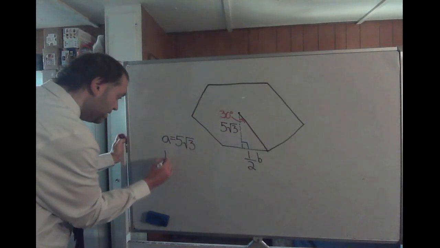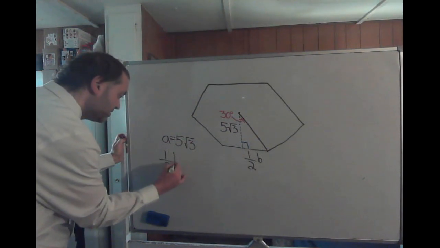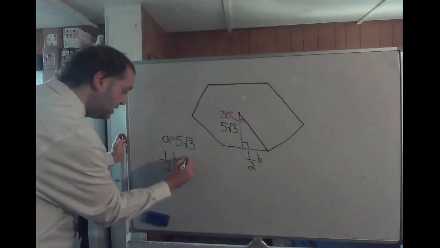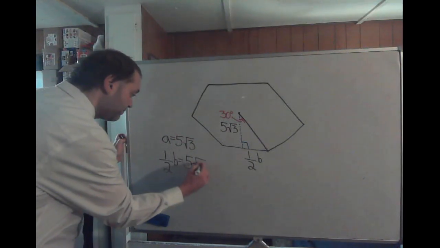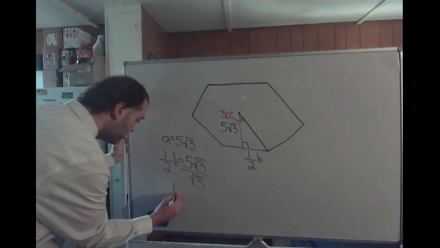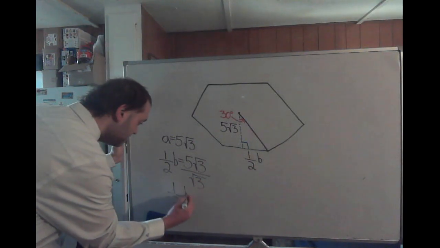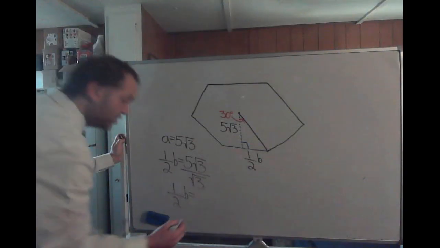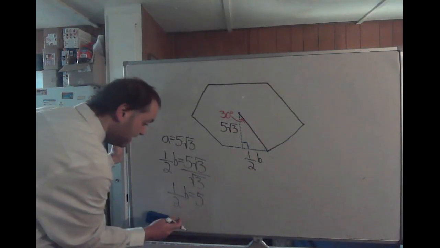So half the base is equal to 5 times the square root of 3 divided by the square root of 3, which means half the base is now equal to 5.